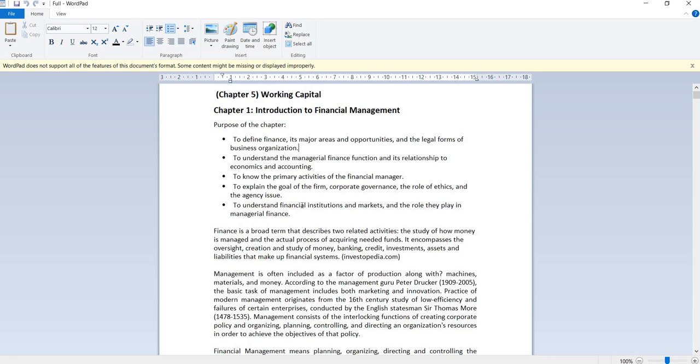Number three, to know the primary activities of a financial manager. Number four, to explain the goals of the firm, corporate governance, the role of ethics, and the agency issues. And the last one is to understand financial institutions and markets and the role they play in managerial finance.